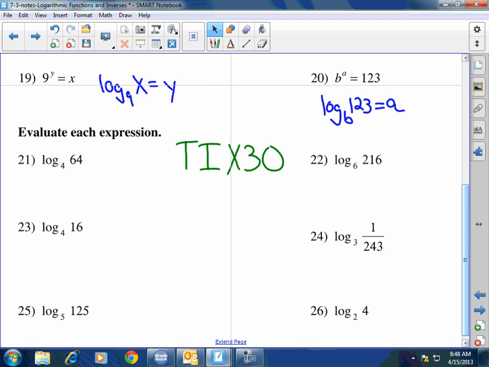This is only like $12. It's solar powered, and it has everything that we need, and the best part, I know how to work with it very well. If you get a different calculator, I may be able to help you, I may not, okay? But get the one that's solar powered. If you have your own calculators already, then that is fine. If you don't have a calculator, then get one.